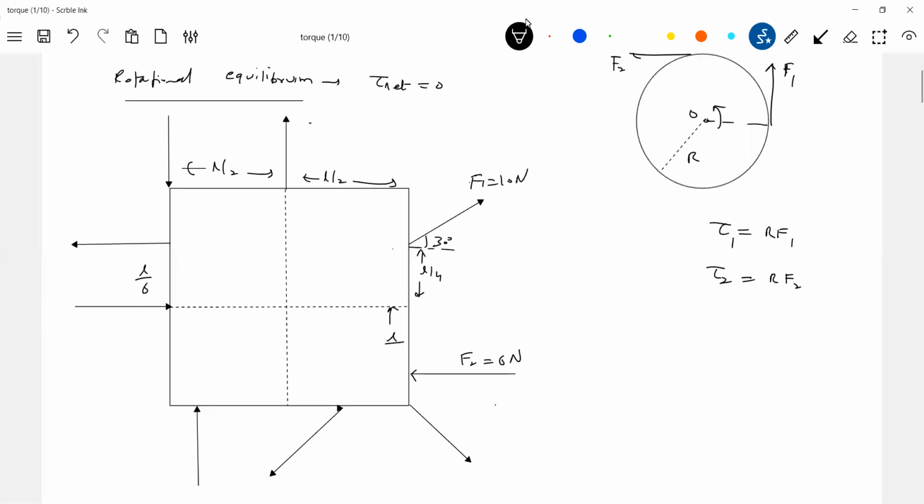Length is L by 4, no? L by 8. F3, 3 Newton, L by 4. F4 is equal to 6 Newton.